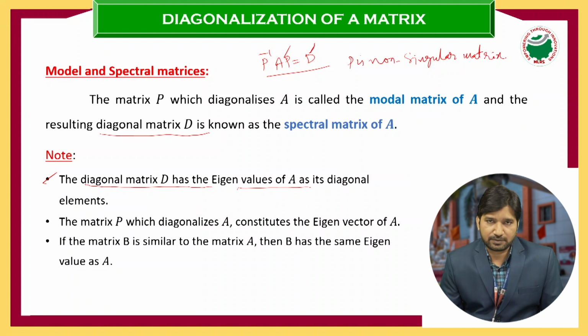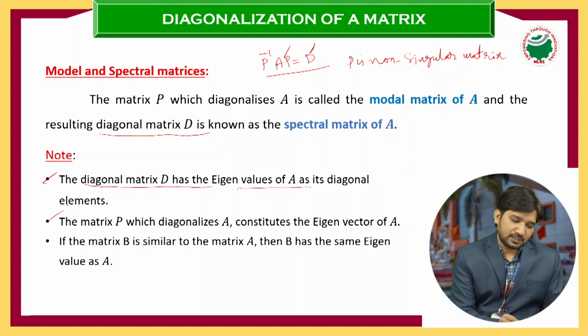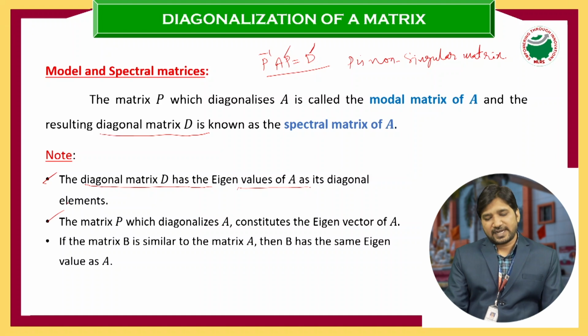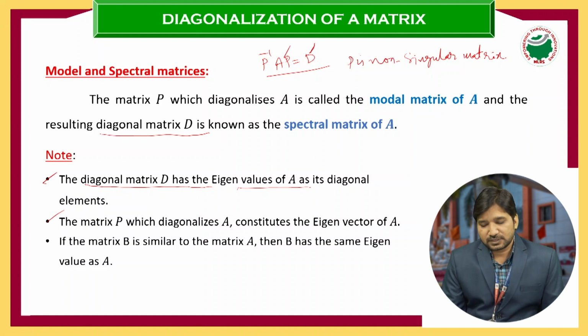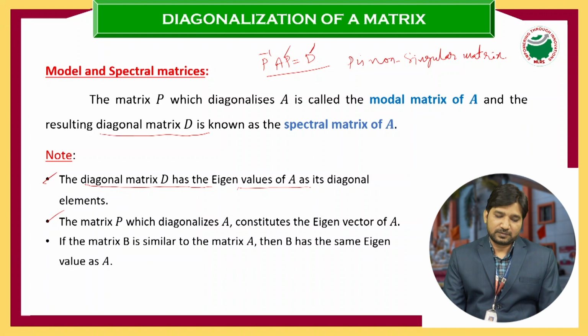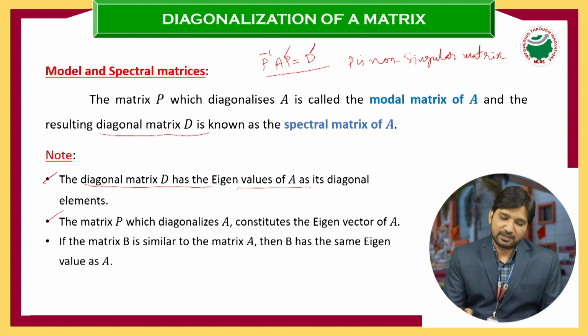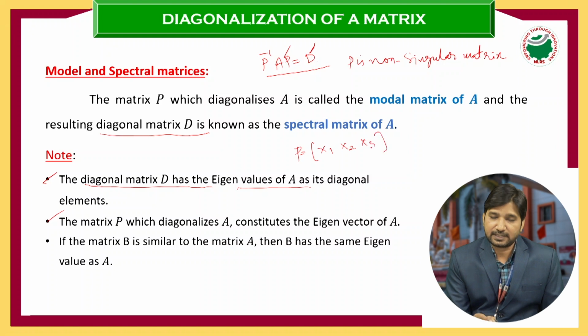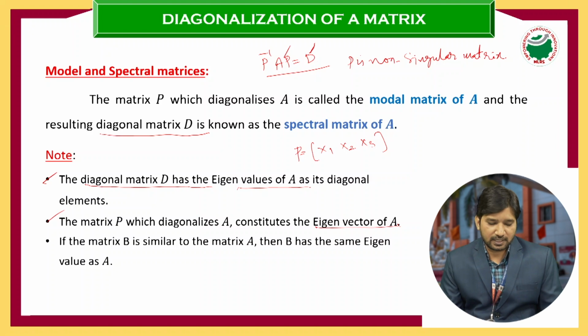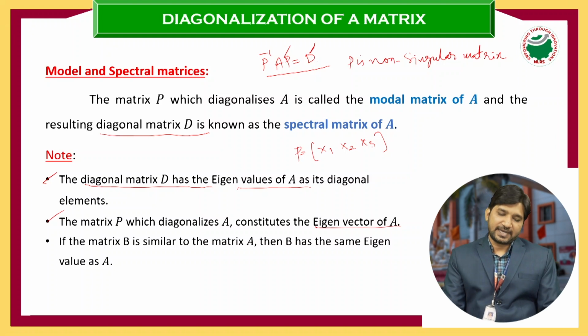The second one is that the matrix P which diagonalizes A constitutes the eigenvectors of A. The matrix P is x1, x2, x3, and x1, x2, x3 are the eigenvectors of A.